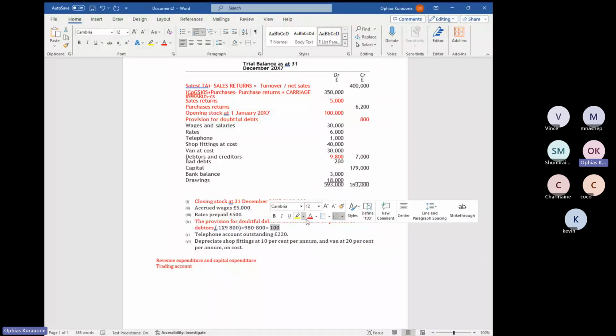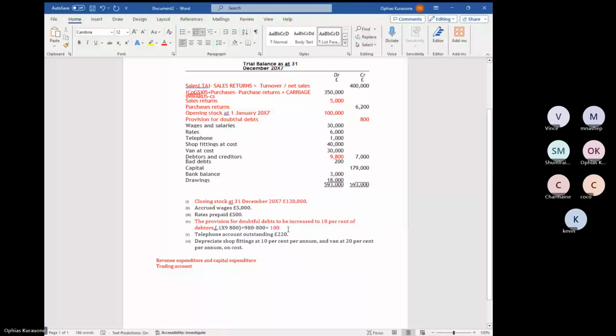Then this one becomes an expense. But let's say, for example, the provision was changed to 5% of debtors. 5% of 9,800, we're going to get 490.